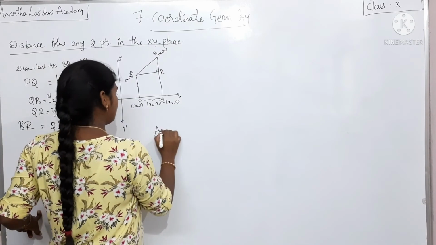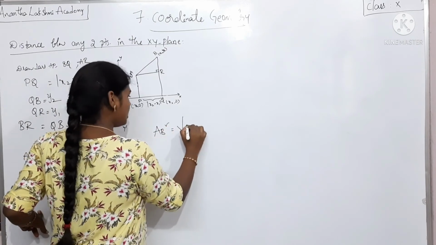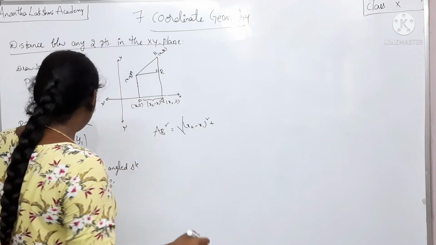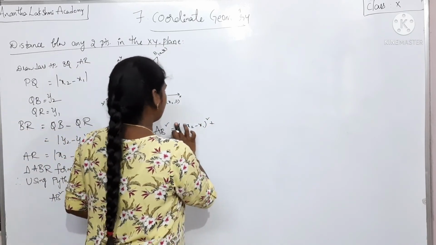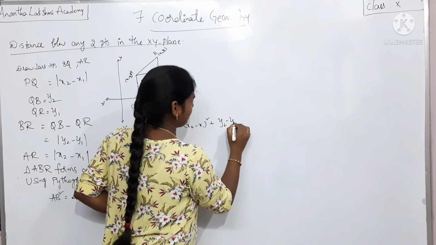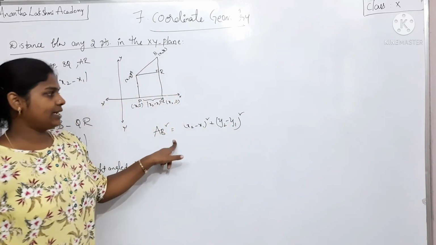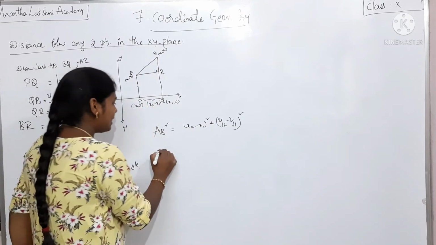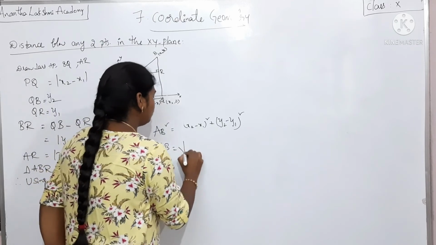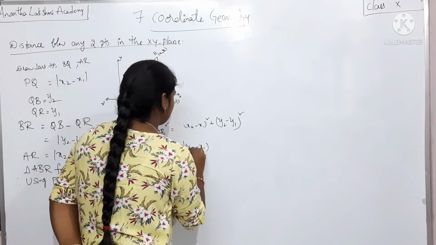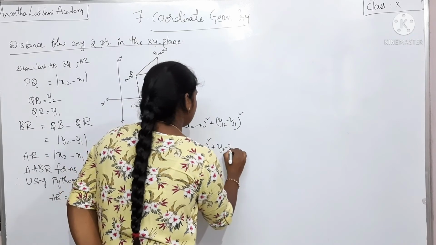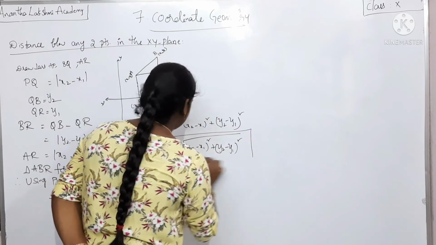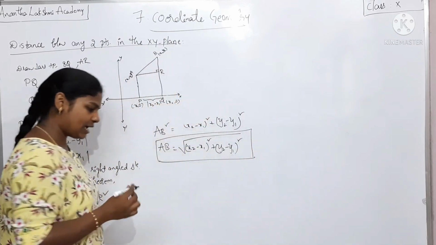So AB square is equal to, what is AR square? x2 minus x1 whole square plus, what is BR square? Sorry, y2 minus y1 whole square. AB square is going to be this. But what do we need? The distance between the 2 points is nothing but AB. Hence, AB is equal to under root of x2 minus x1 whole square plus y2 minus y1 whole square. This is nothing but the distance between any 2 points in the xy plane.